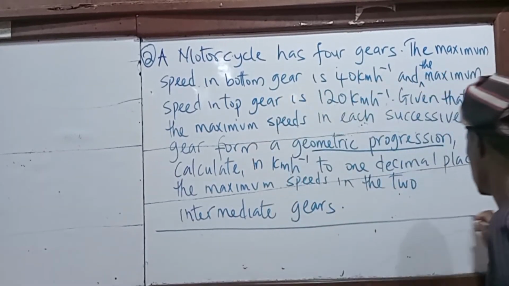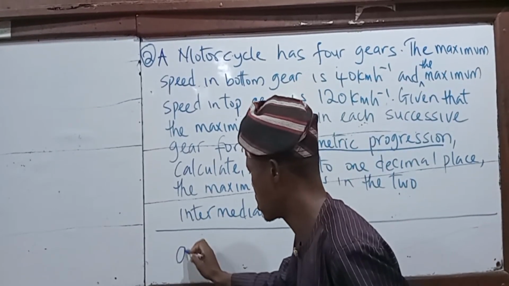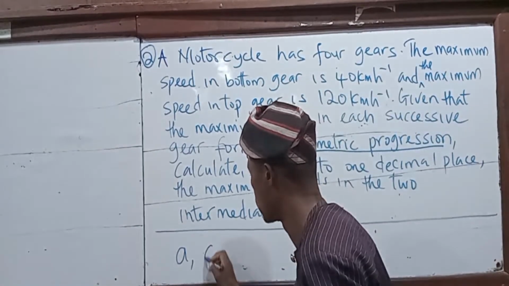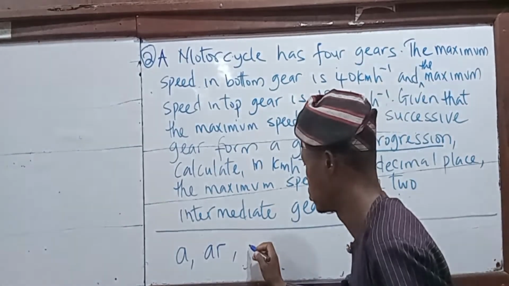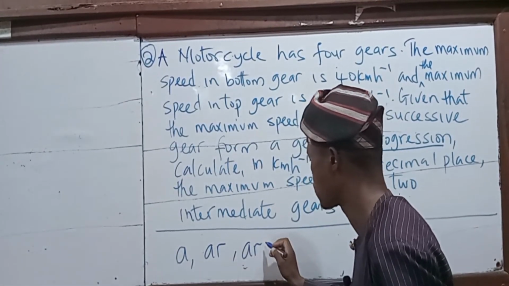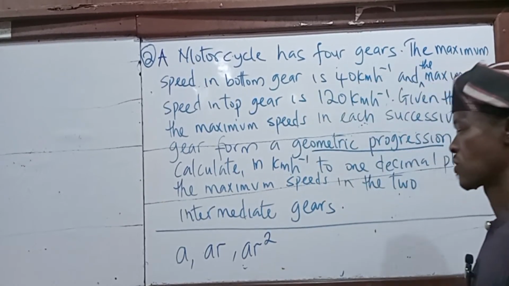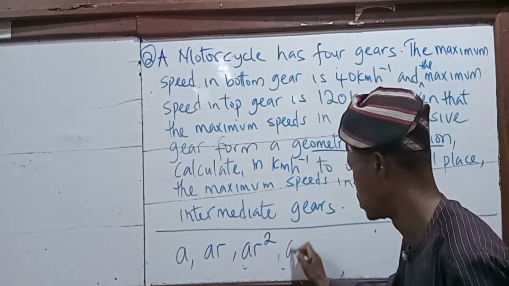The geometric progression is going to be: the first one will be A, the second one will be AR, the third one will be AR squared, and the fourth one AR cubed.